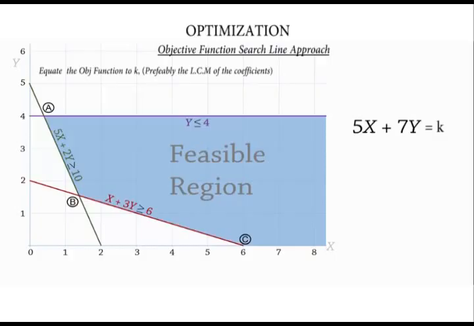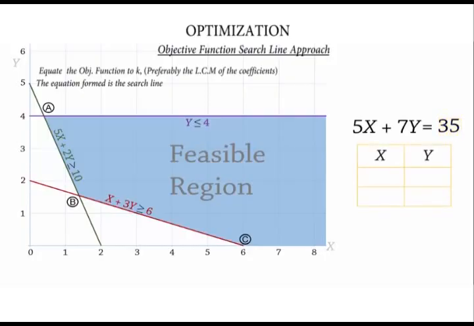In this case, k will be the LCM of 5 and 7, and that will be 35. So now we have the equation of 5x plus 7y is equal to 35. This will be the equation of our search line.